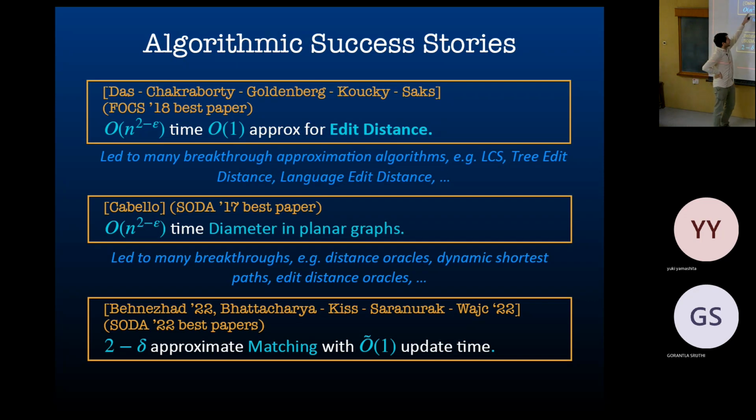Another paper where the author explicitly mentions that he was trying to prove lower bounds for a problem and then got an upper bound is the diameter problem in planar graphs. Diameter is computing the largest distance in a graph. We have an n squared lower bound in sparse graphs, but if the graph is planar, can you do better than quadratic? In planar graphs a lot of things become linear time, very easy, and this is an annoying problem where it wasn't.